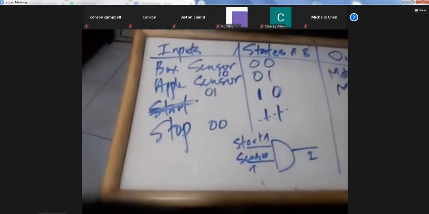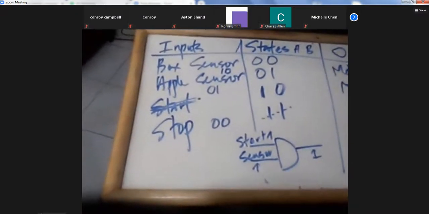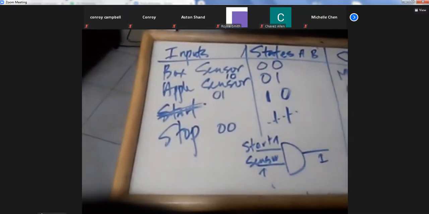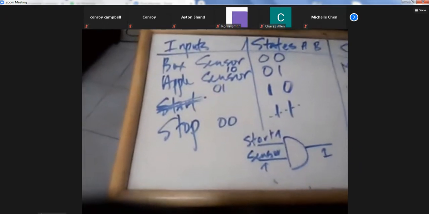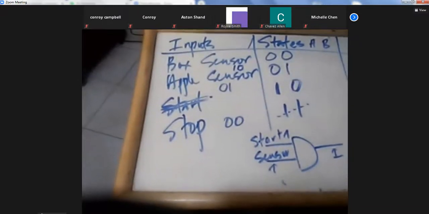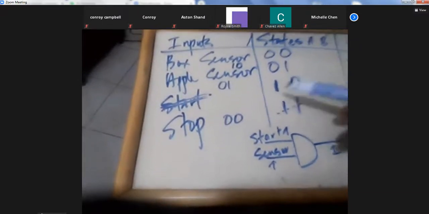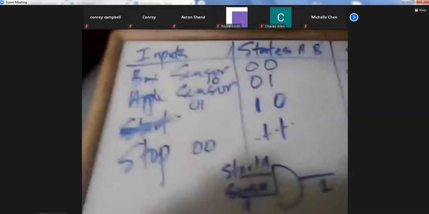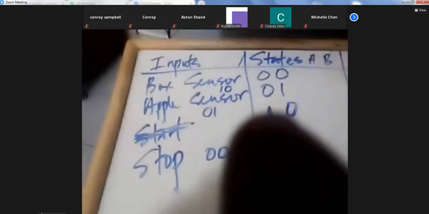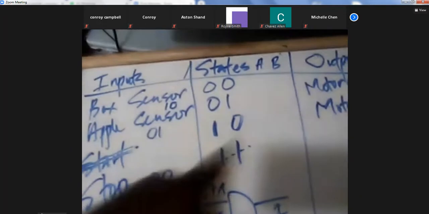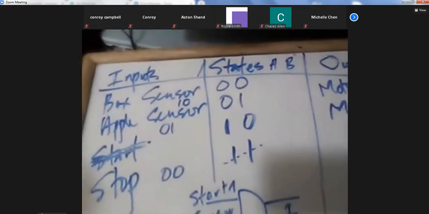So we have the apple conveyor, which we call motor A, and the box conveyor, which we call motor B. They can be in different states: both off, motor A off and motor B on, motor A on and motor B off, or both of them on. We have determined that both of them on is not something we're going to use, so we draw a little line through it and make a note of it.